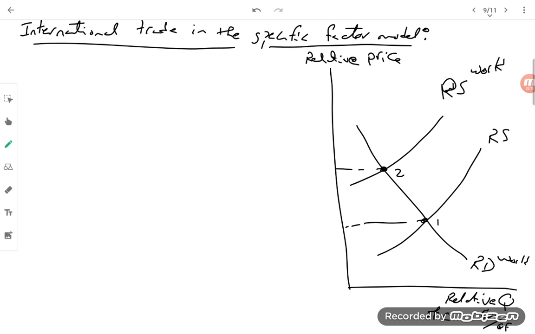The difference between the two supply curves may be due to differences in resources between countries, or a change in technology, while demand across the world will not change. Total demand is constant, but supply is going to differ.